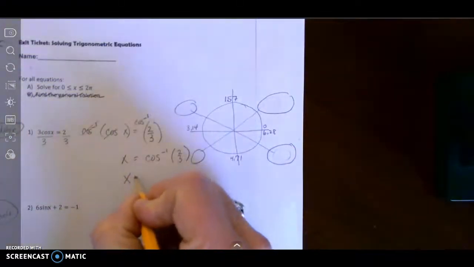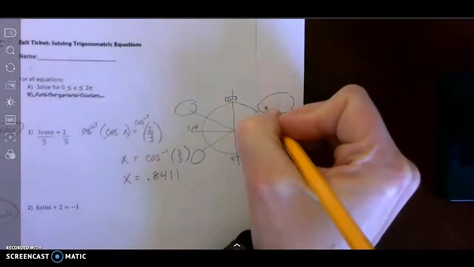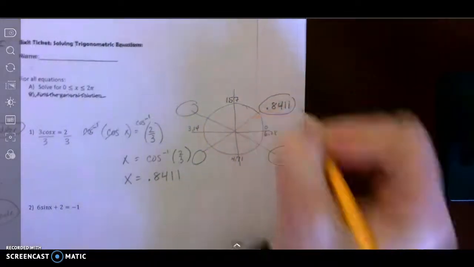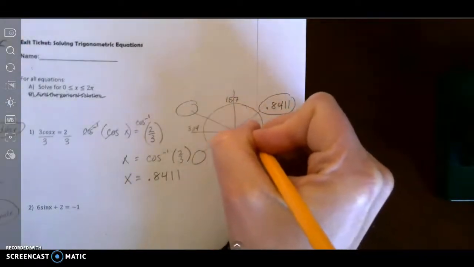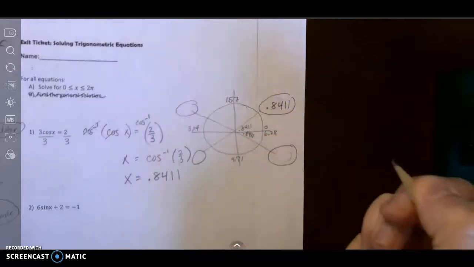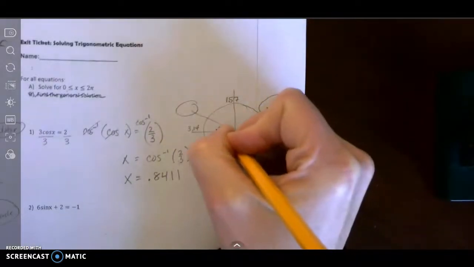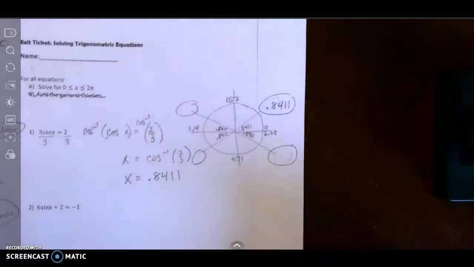So x equals 0.8411, which would be right here. So I have one of my answers. And remember, that means that this is 0.8411, this is 0.8411, this is 0.8411, and this is 0.8411.